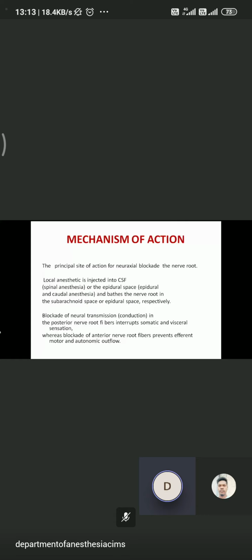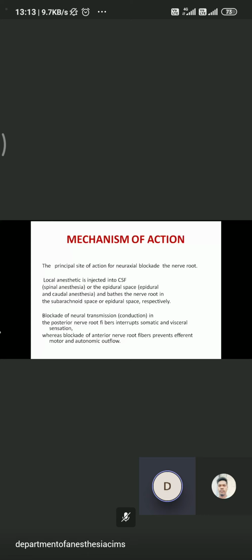In all three, that is spinal, epidural and caudal, which are neuraxial blockades, the principal site of action is the nerve root, but the site of injection of the drug differs. In spinal anesthesia we inject the drug in the CSF, while in epidural and caudal we inject the drug in the epidural space and caudal space.